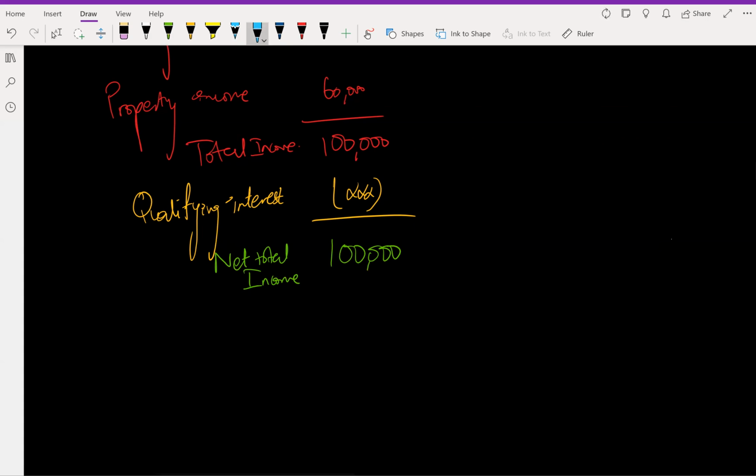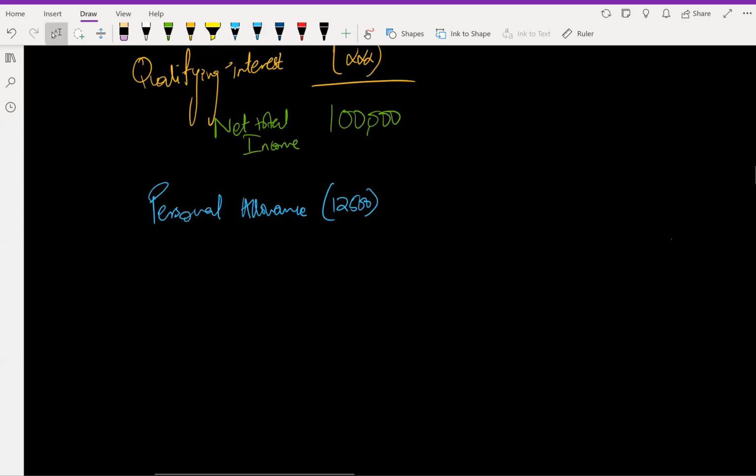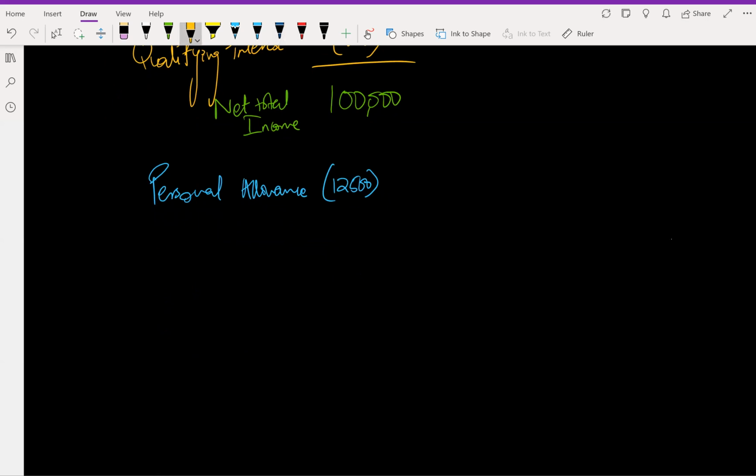From net total income, you deduct the personal allowance, which for our fiscal year is 12,500. How much of the income are you left with? And that's called taxable income.